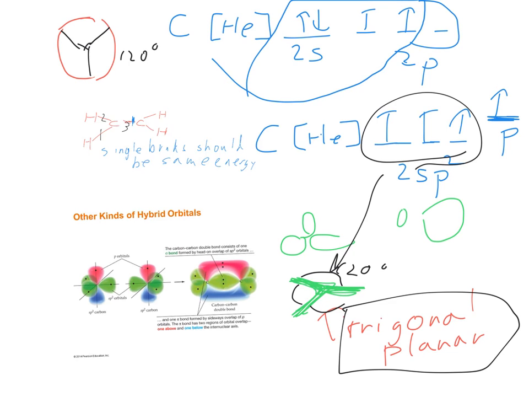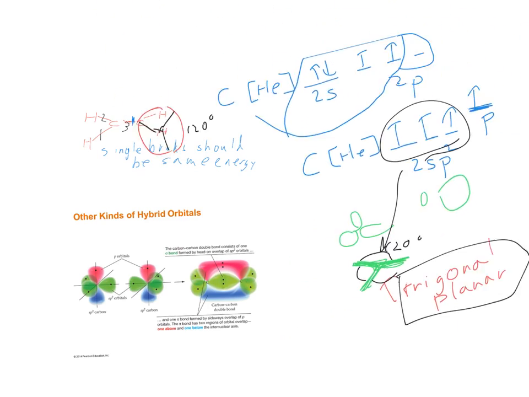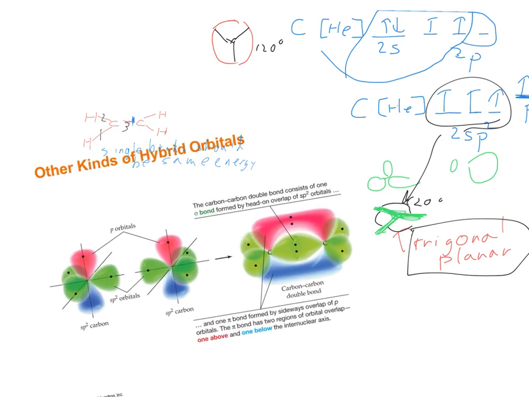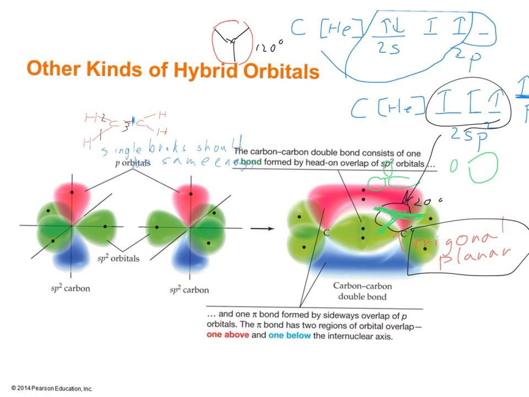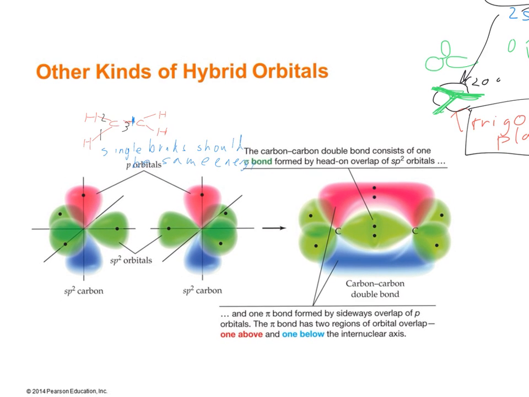If we look at our high-tech graphic here, no, moving the wrong object. Stop it. Nope, stop it again. There we go. If we look at our high-tech graphic over here, we see our sp2 hybrid orbitals. Those are our green orbitals here. Our sp2 orbitals are 3 orbitals of equal energy capable of forming single bonds.